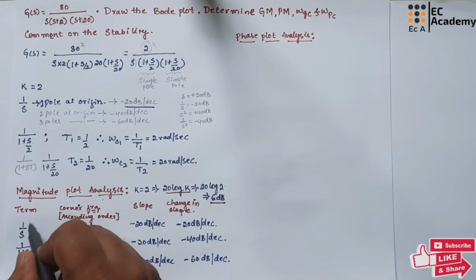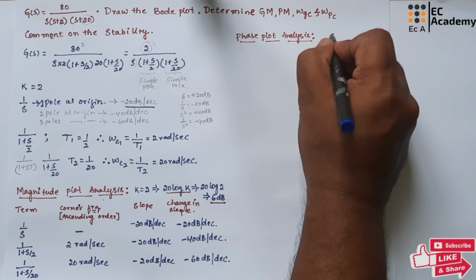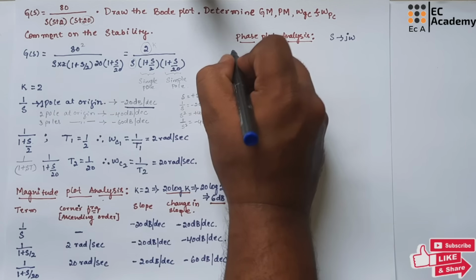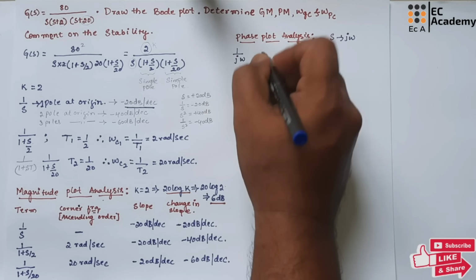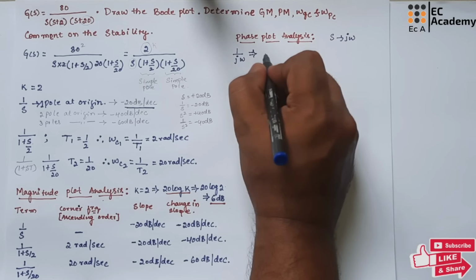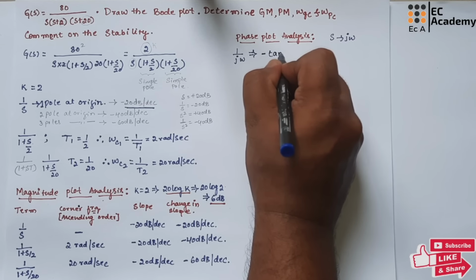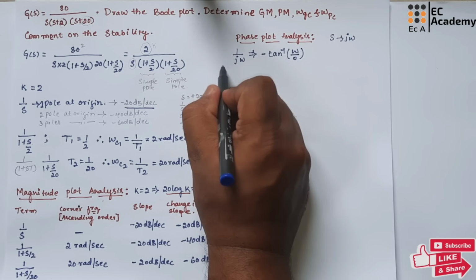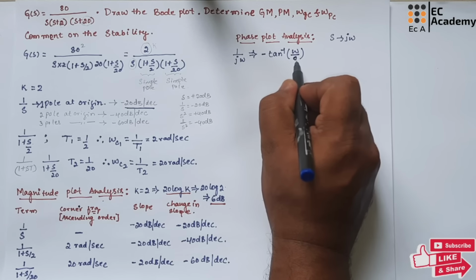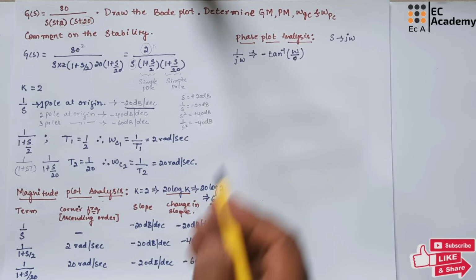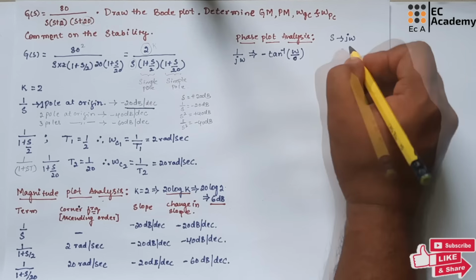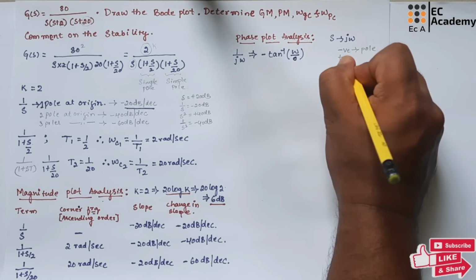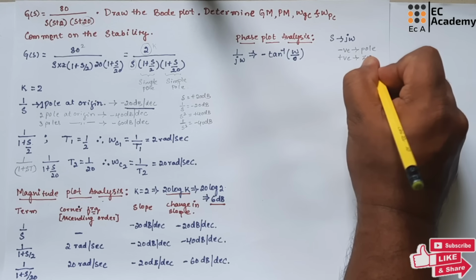In phase plot analysis, for each term which we are having, let us replace s with j omega. So this term 1 by s, we can write it as 1 divided by j omega. So for this we can find the phase as minus tan inverse of omega divided by 0, since we are not having any real term. Here again you need to remember, while writing this phase plot analysis, we need to take negative tan inverse for poles, and we need to take positive tan inverse for zeros.